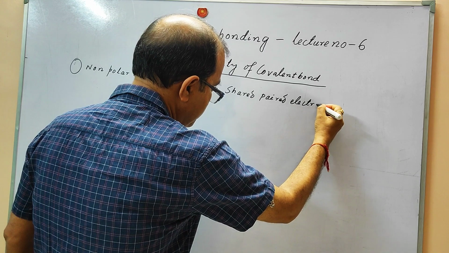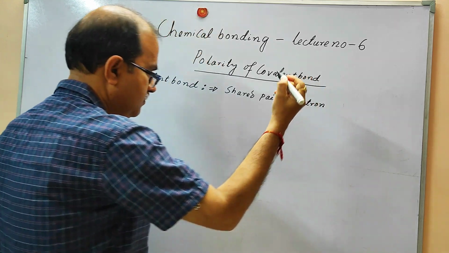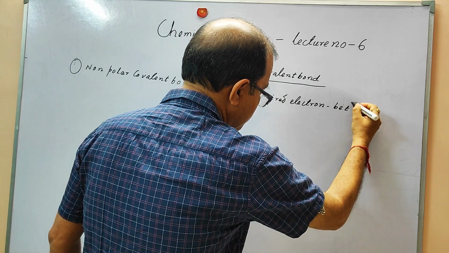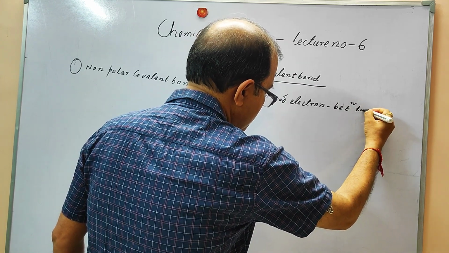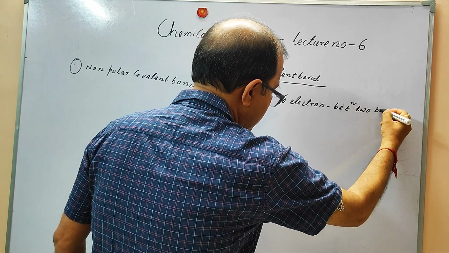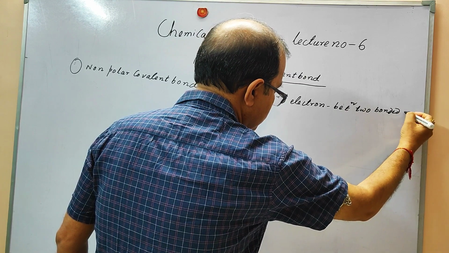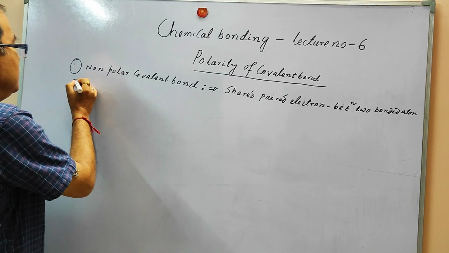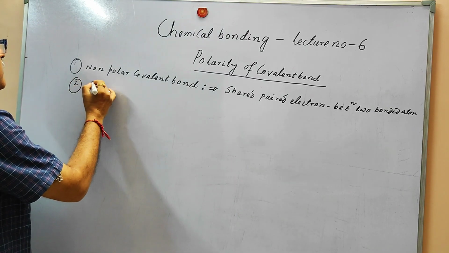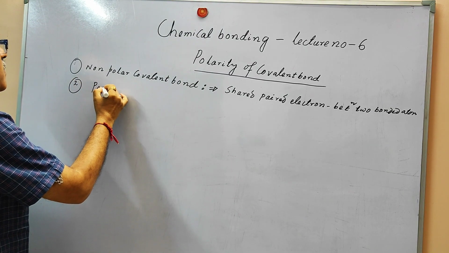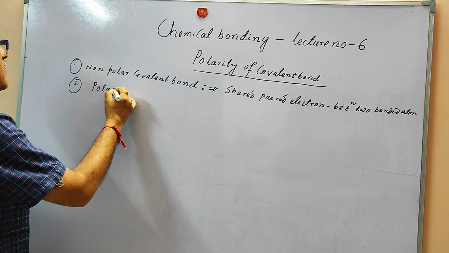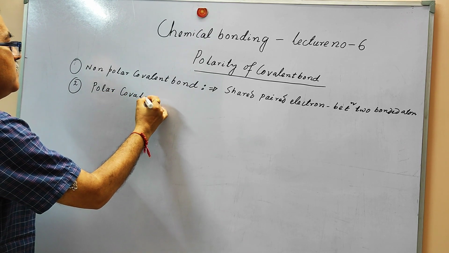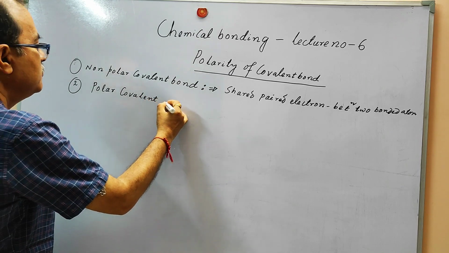The shared pair lies just between the two bonded atoms. So when there is a non-polar covalent bond, naturally some covalent bonds must be polar covalent bonds.